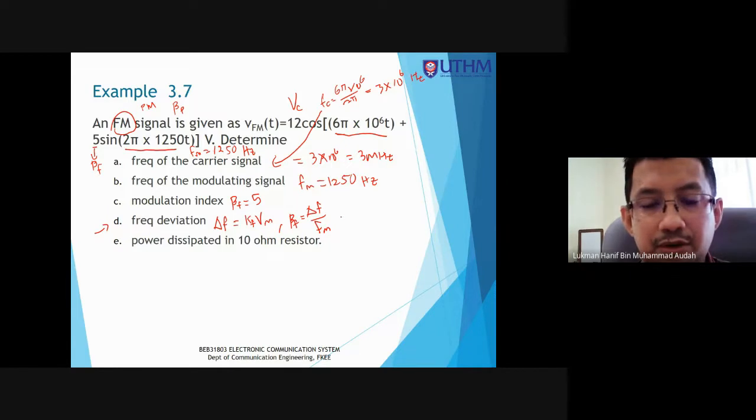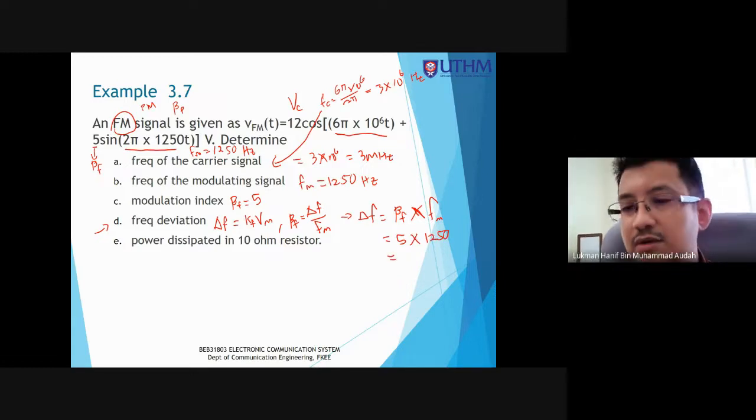So therefore, you can write delta F is equal to beta F, modulation index, multiplied with modulating signal frequency. So you get here 5 multiplied with 1250.